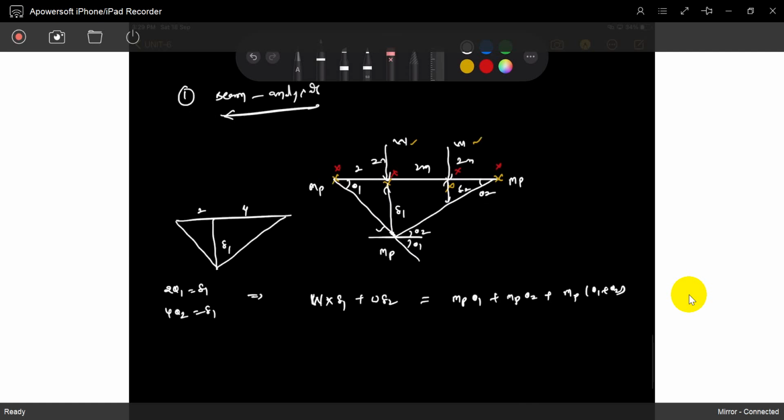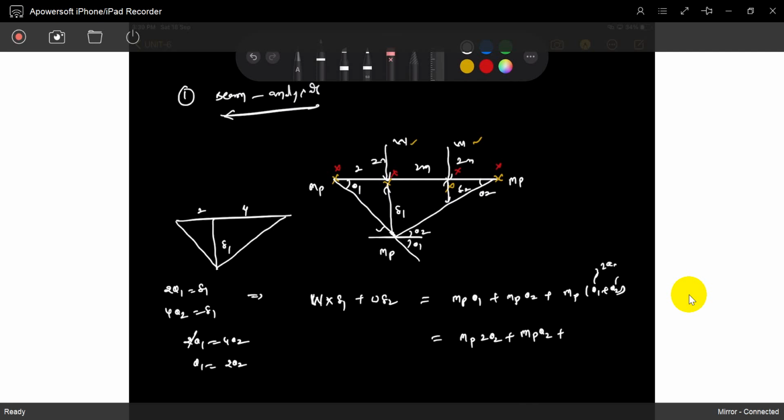So you can choose 2 theta 1 equals 4 theta 2, so theta 1 is 2 theta 2. No need to write fractions, this 2 is an integer, it's easy. So everything we can write in terms of theta 2.